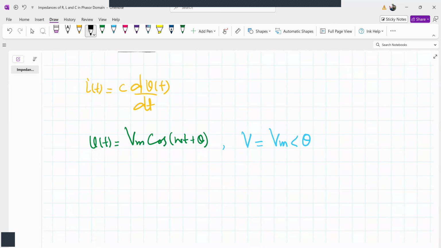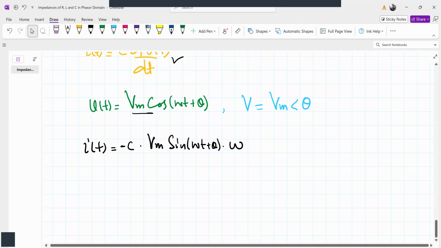Now let's substitute this V of t in this expression. So we'll get I of t equal to the differentiation of this. Let's do it directly. So it will be Vm times the differentiation of cosine(omega t plus theta), which is simply minus sine(omega t plus theta), multiplied by omega, right? Internal differentiation of omega t plus theta.